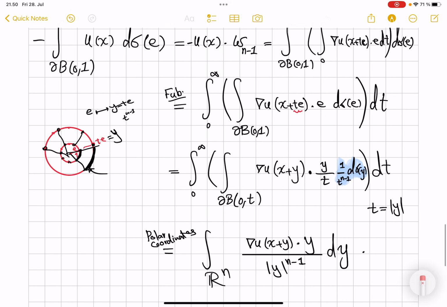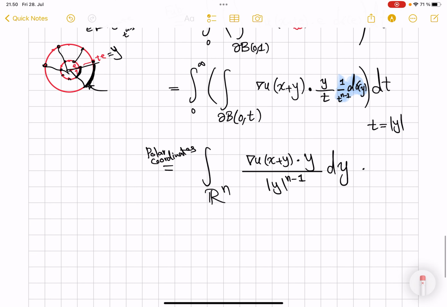This is basically now the equality we wanted to prove, because I claim that this is actually nothing other than Rn. Look, when y changes, this quantity covers everything in Rn. Remember, x is fixed, but this covers everything in Rn.